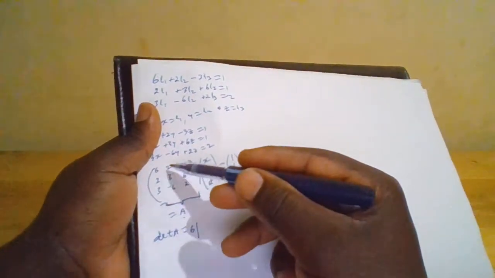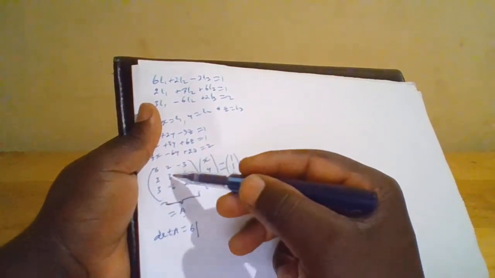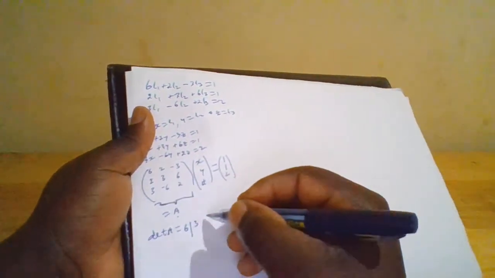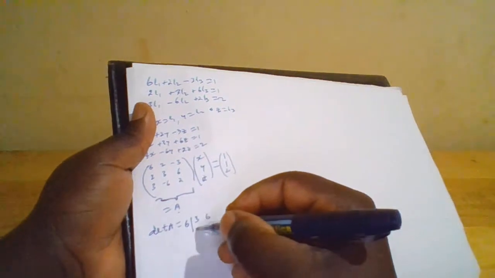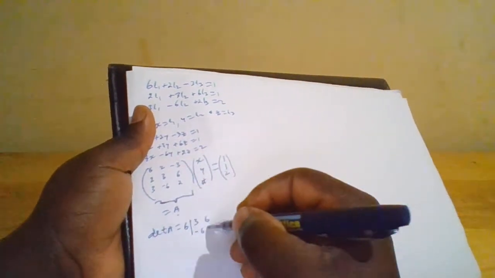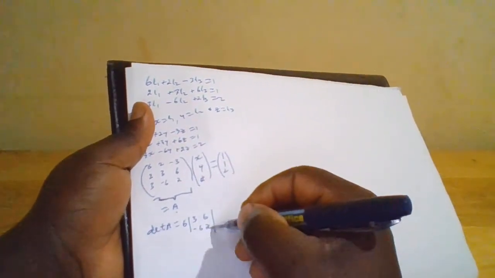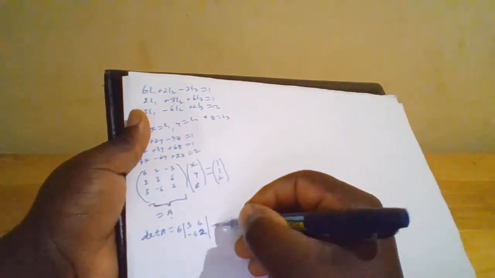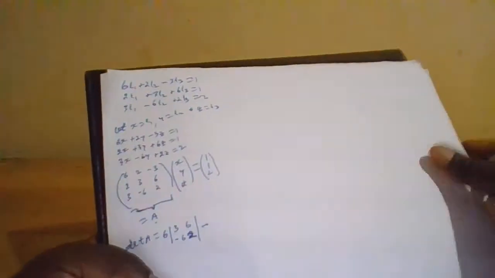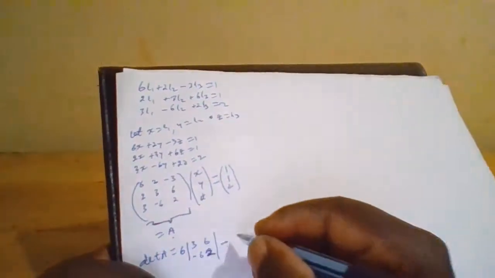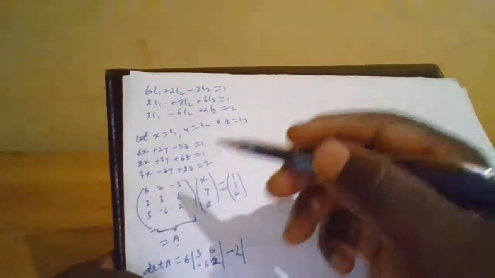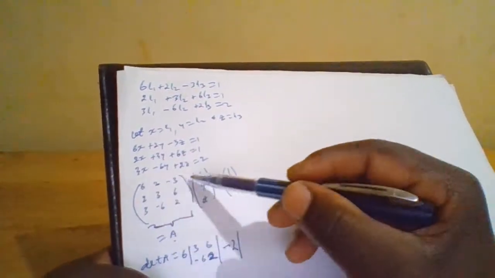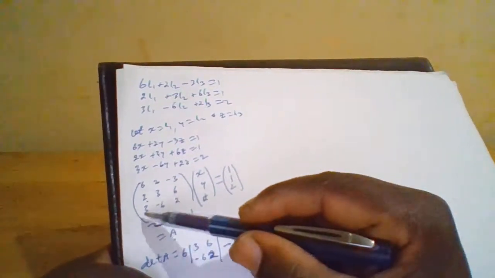So for the determinant of this matrix, we shall start with the 6 into the minor: 3, 6, negative 6, 2. Then minus 2 into it. Now we block this column and this row, so we have 2, 6, 3, 2.